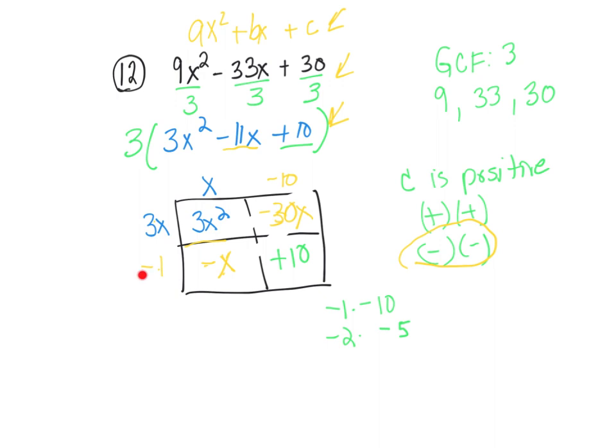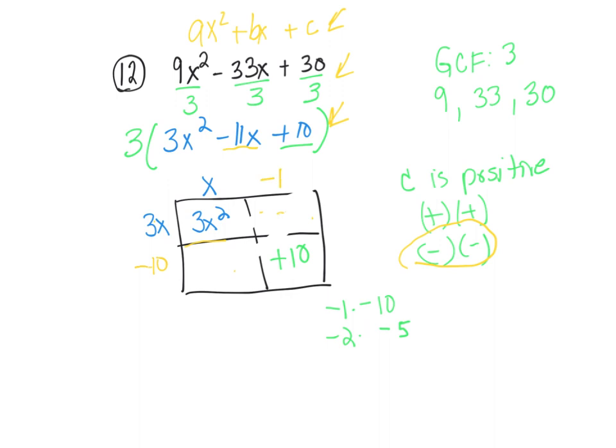Now, with this one, I can't adjust the signs because I know that they both have to be negative. So the only thing I can adjust is the placement of the numbers. So I'm going to remove those and try the negative 10 here and then negative 1 here.